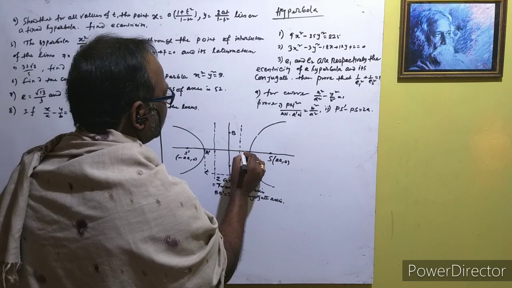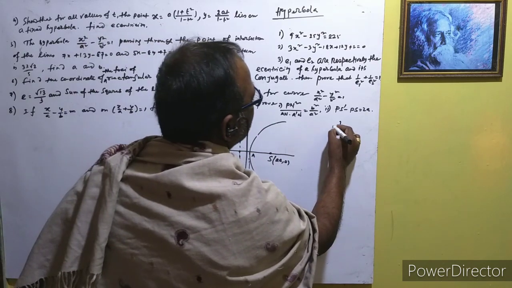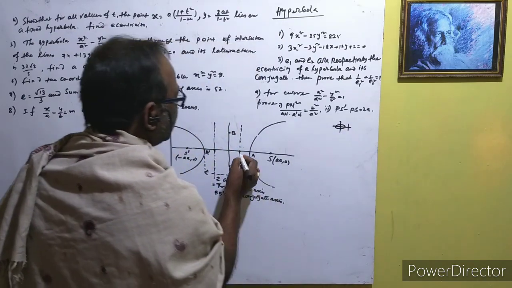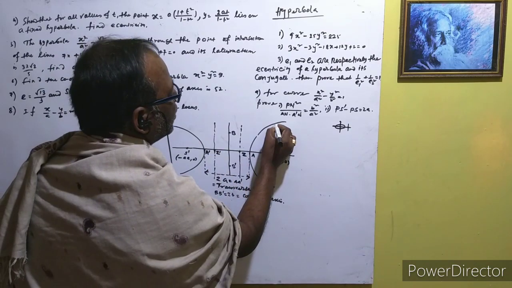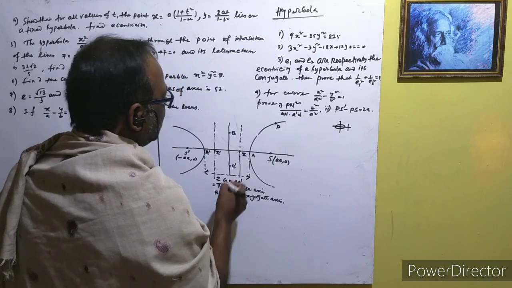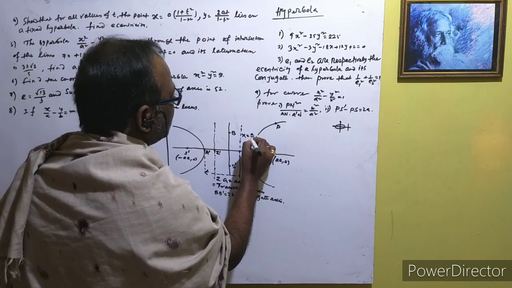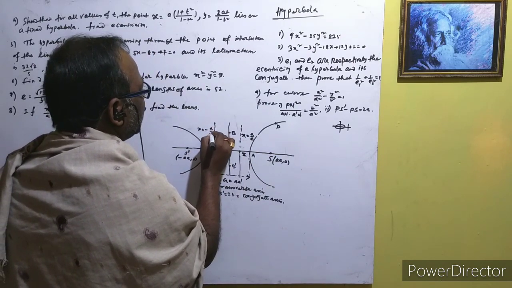This is called Z, and this is Z dash, and P here is any point. Now the equation of the directrix here is x equals A by E, and this one is x equals minus A by E.